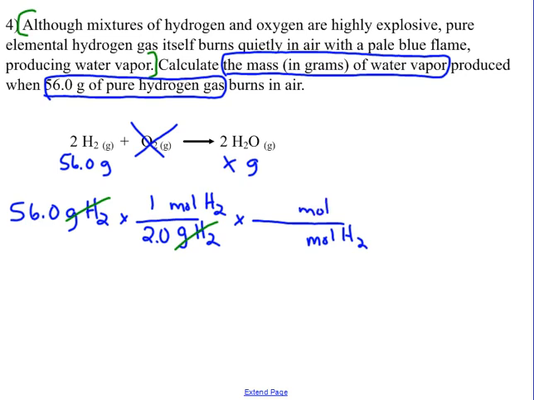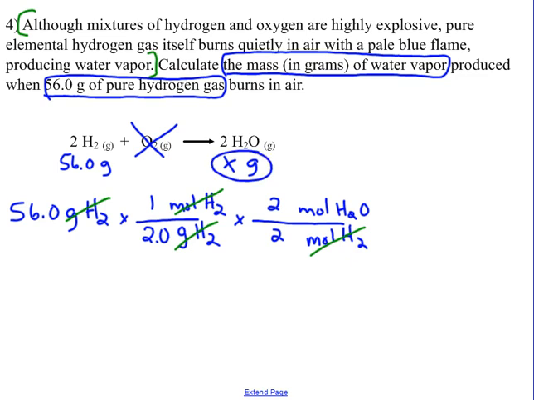Now here's the second fraction, the mole to mole fraction allows you to convert from moles of the original substance, in this case hydrogen, into moles of the desired substance, in this case water. The numbers that go in the mole-mole fraction come from the balanced equation, so 2 to 2. If we leave the problem here, moles of H2 will cancel with moles of H2, leaving us with a unit of moles of H2O.